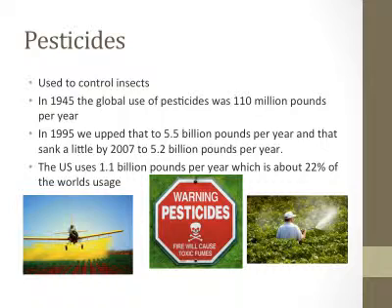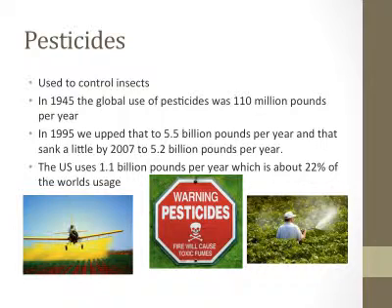In 1945, the global use of pesticide was 110 million pounds per year. By 1995, we had upped that to 5.5 billion pounds. And then in 2007, we dropped it a little bit back down to 5.2. But considering it was 110 million and now we're at 5.2 billion, this is a giant jump, correct?